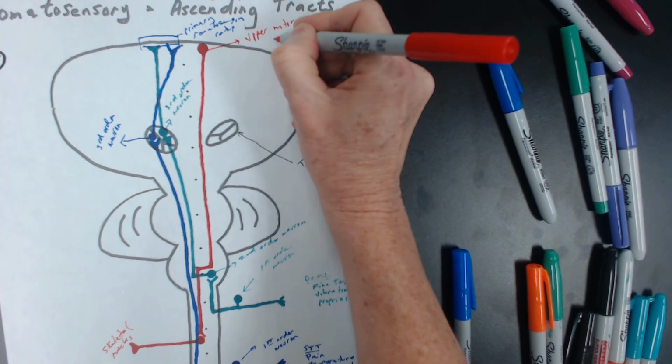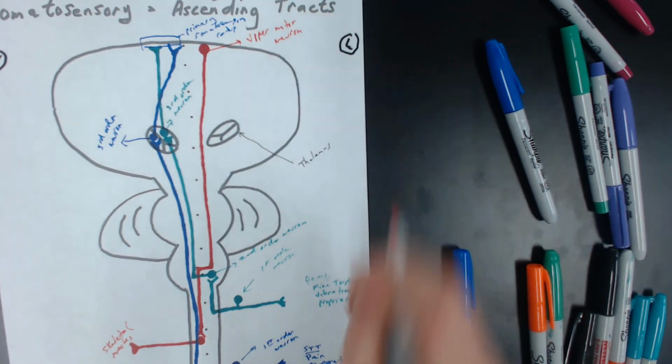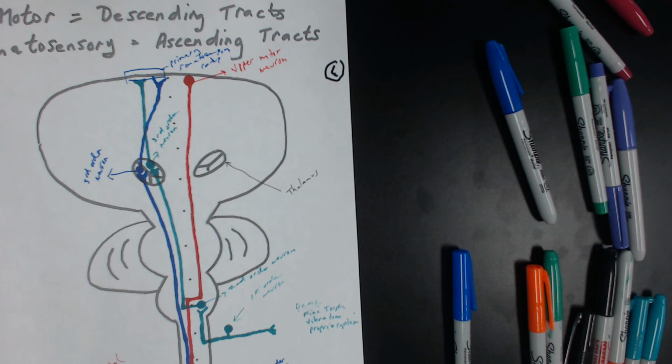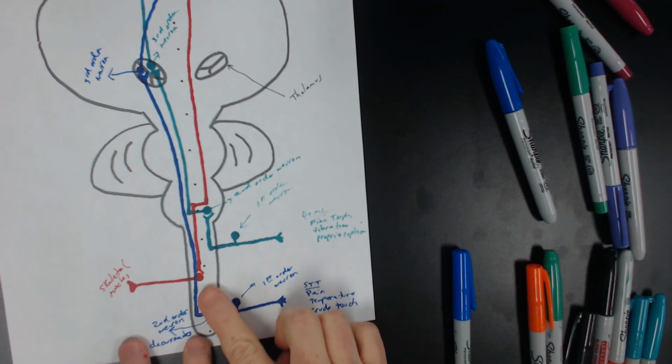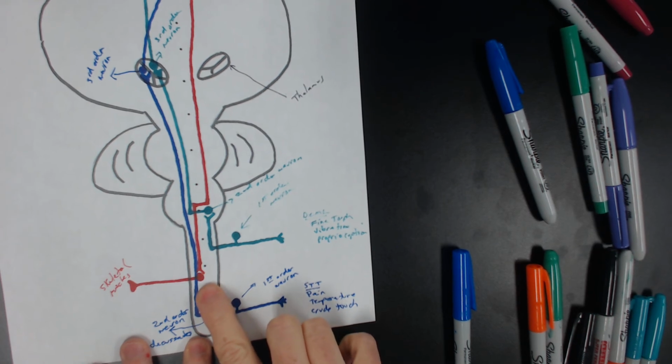motor neuron. Okay, your upper motor neuron starts in the precentral gyrus, sends out axons all the way down through the cortical region, decussates at the level of the caudal medulla, and then descends down the spinal cord all the way to this other neuron.